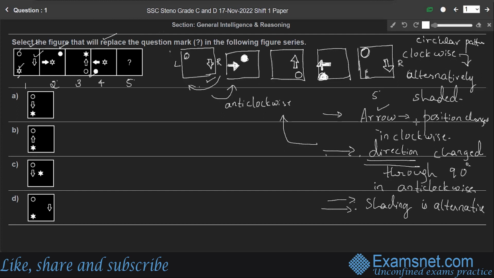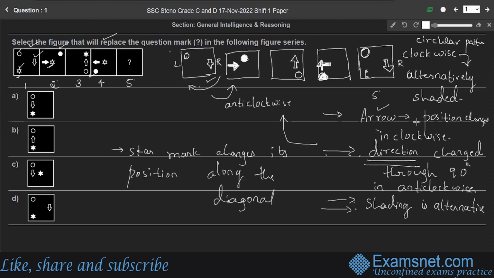And at last, let us consider the star mark, the asterisk mark. This asterisk mark changes its position along the diagonal. In the first figure, it is in the left bottom corner. In the second figure, it is at the center.